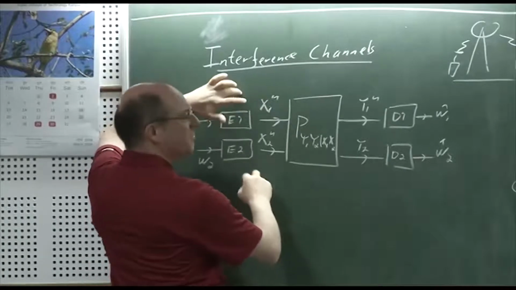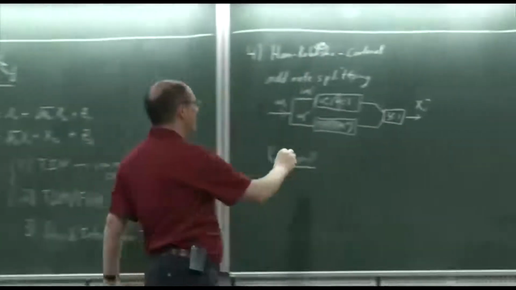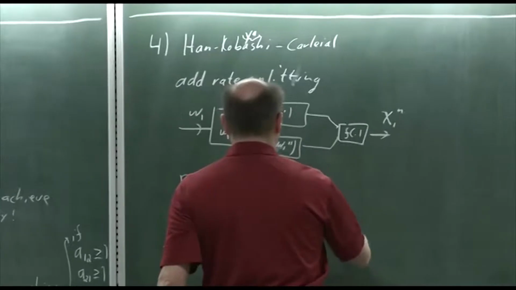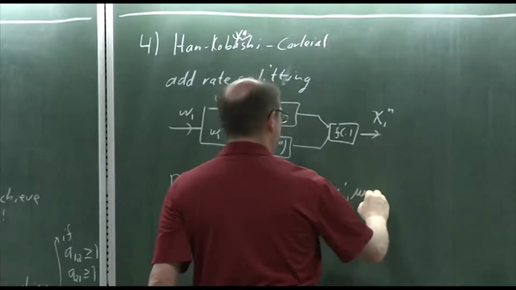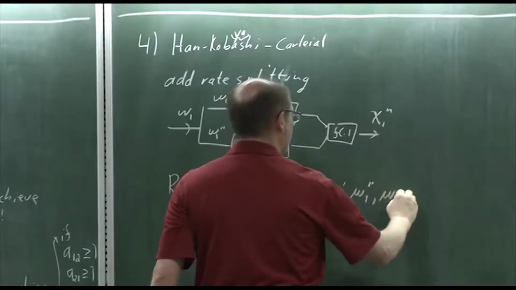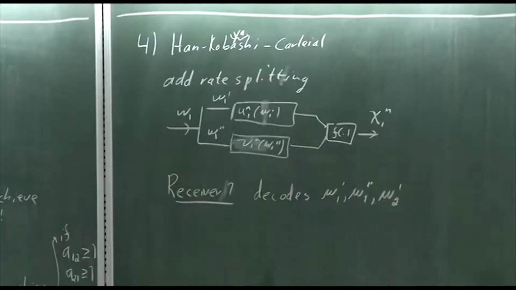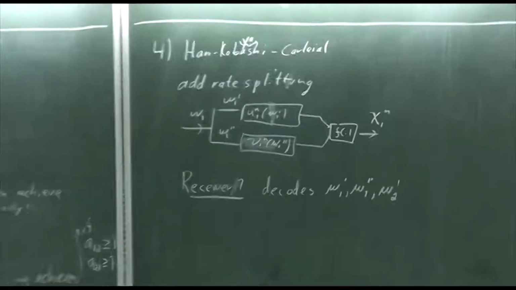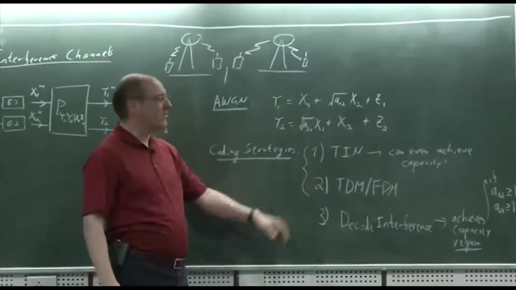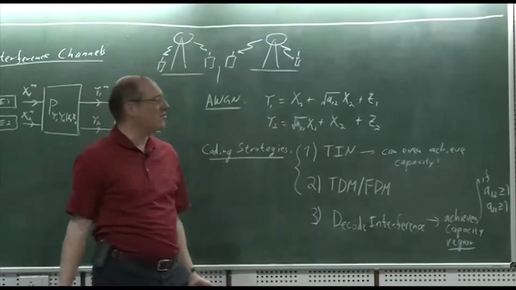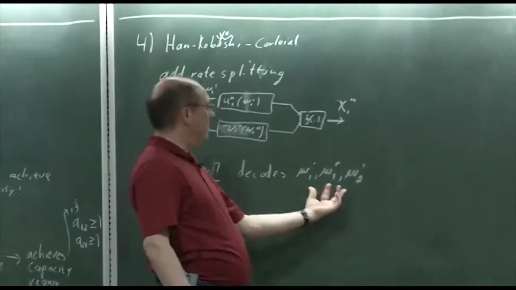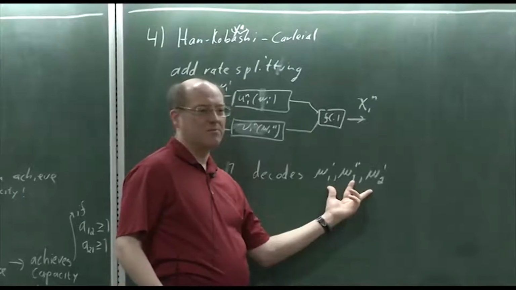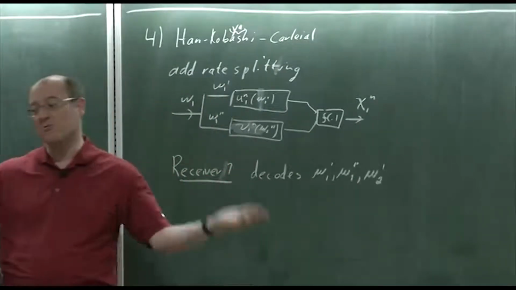So receiver 1 decodes, of course, W1 prime, W1 double prime, and one piece of the cross term. So you're adding partial decoding, right? That was the idea, and because of that, you get a lot of bounds. You get 7 rate bounds for all the 7 important error events from every receiver. So you get 14 bounds, and you do Fourier-Motzkin elimination.